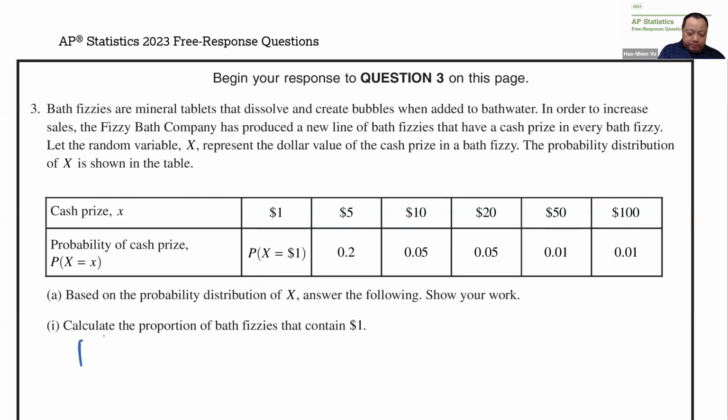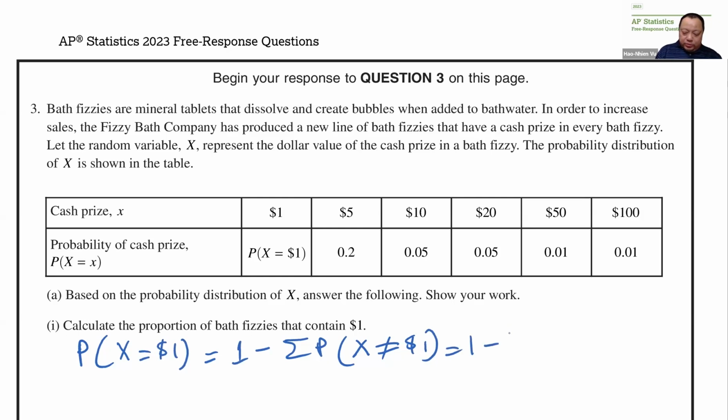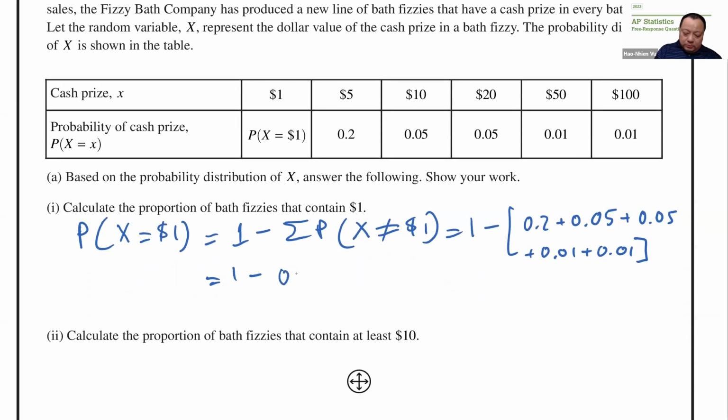Okay, the probability of X equals $1 is 1 minus the sum of the probability that X is not equal to $1, and that is equal to 1 minus all the rest of the probabilities. 0.2 plus 0.05 plus another 0.05 plus 0.01 plus another 0.01, and that is equal to 1 minus 0.32, which is 0.68.